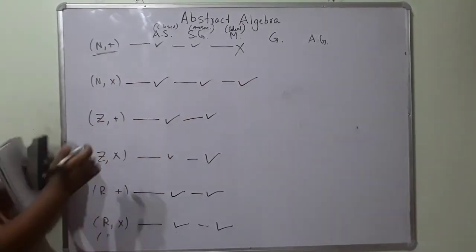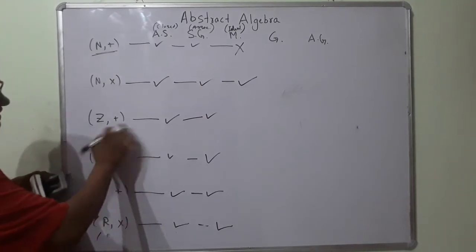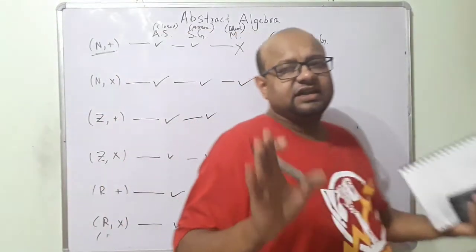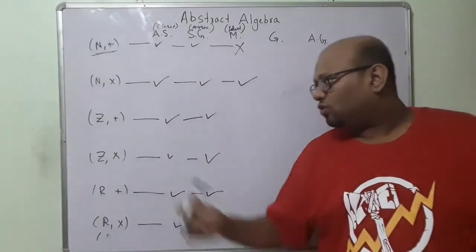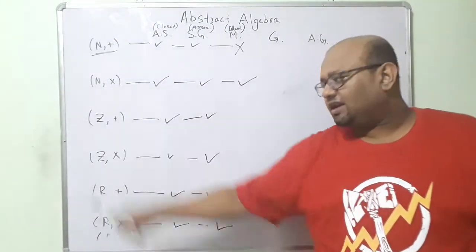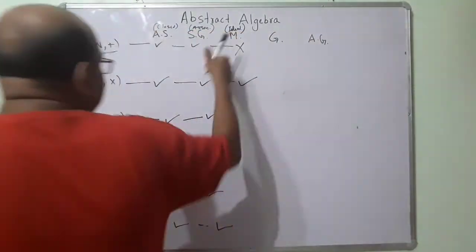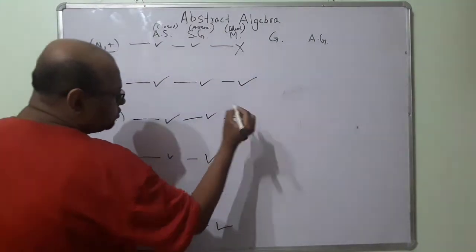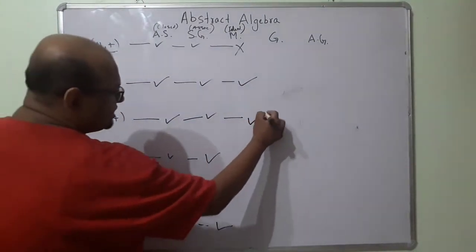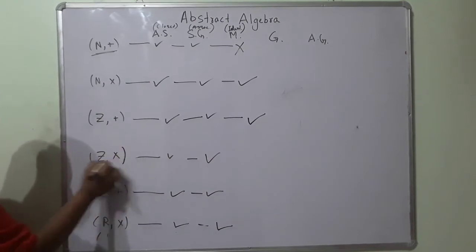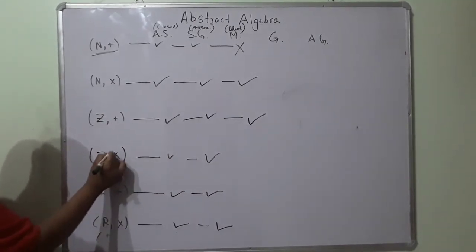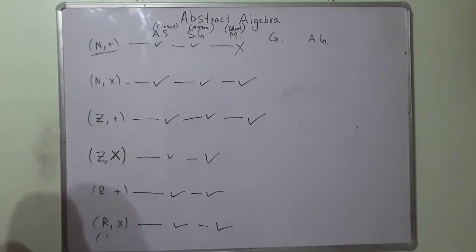What about Z under the operation plus? The additive identity 0 belongs to the set of integers, right? So the identity belongs to the set, therefore it is a monoid. What about the set of integers under multiplication?